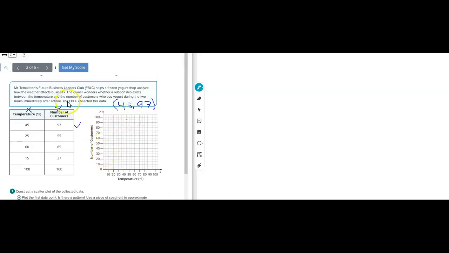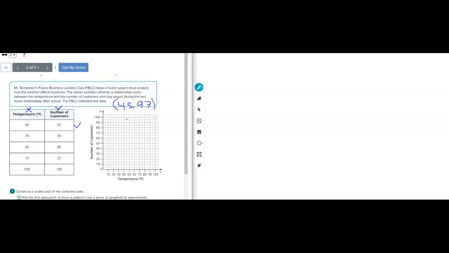And if you think about it, we're not exactly sure where a line would go. It might go here, it might go here, it might go here. We're not exactly sure where the line goes because we don't have enough data. So something like that is what you'll probably want to write for this question.